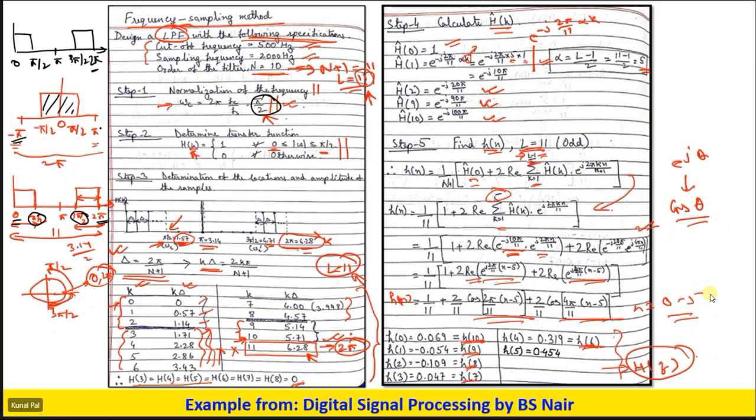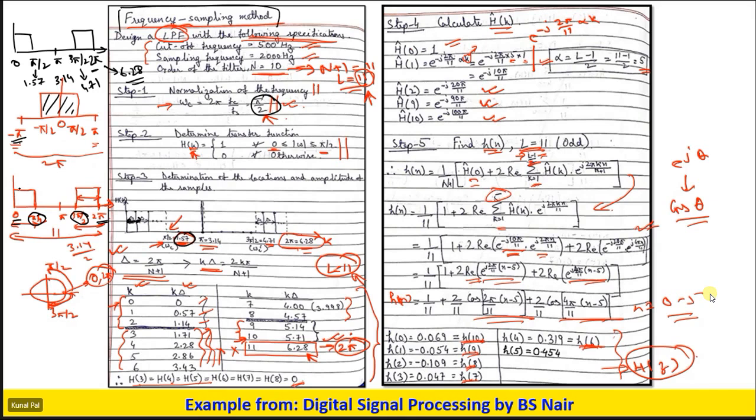Now, pi by 2 is 1.57. Pi is 3.14. 3 pi by 2 is 4.71. And 2 pi is 6.28. So what we are doing? We have to find out the delta. Delta would be the point where we will be doing the sampling. The name suggests frequency sampling method, right?